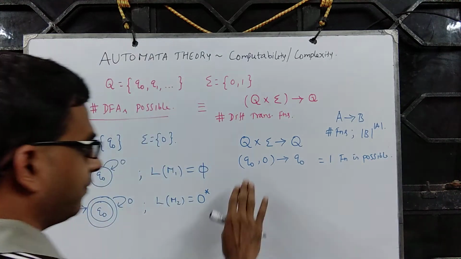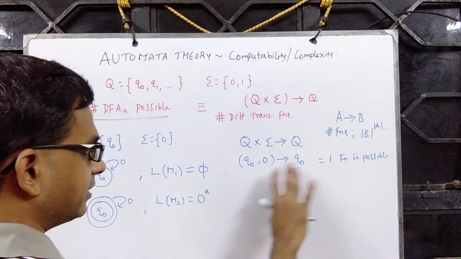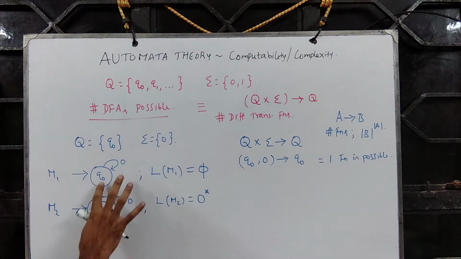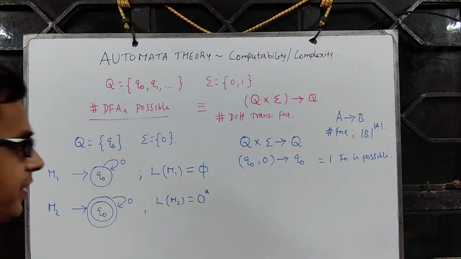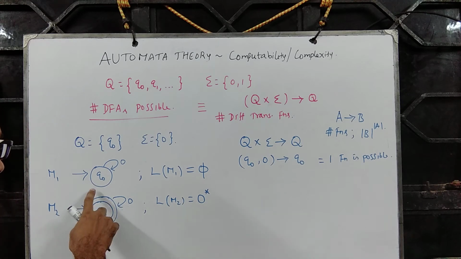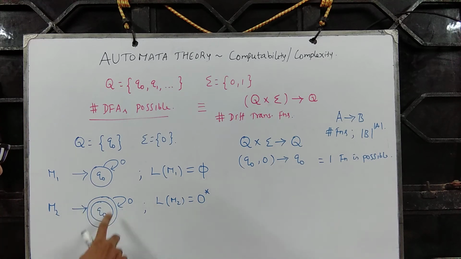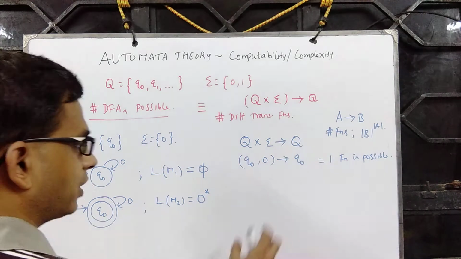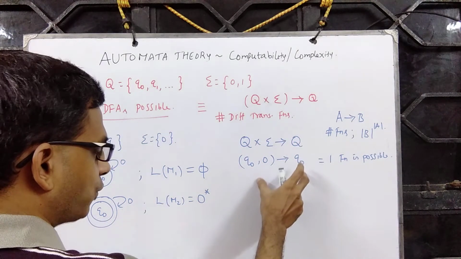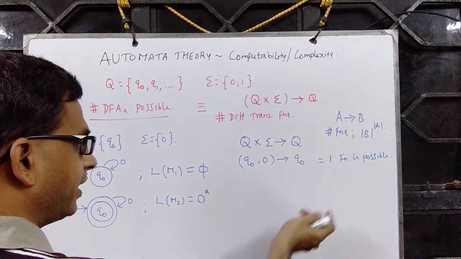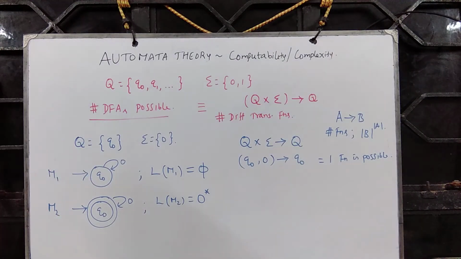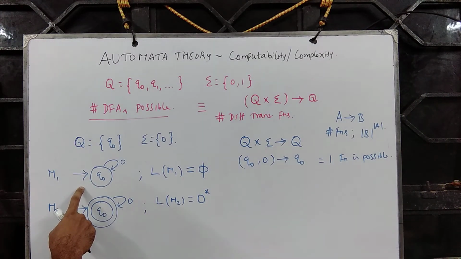But we are not just interested in this map. On top of that, we wish to add the start state as well as the final state. So now in each of these functions you look at the possibilities for the start state and the terminal state.